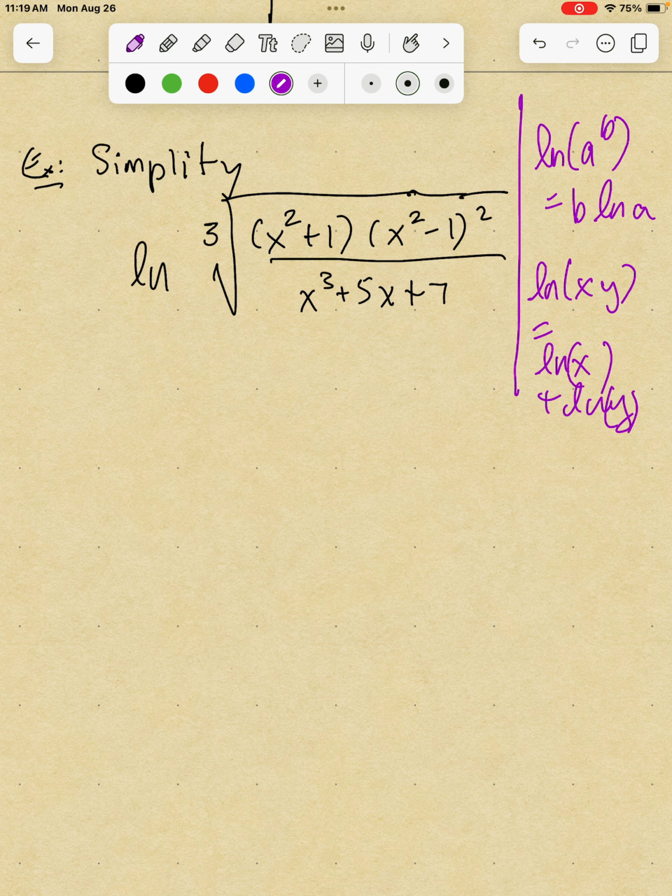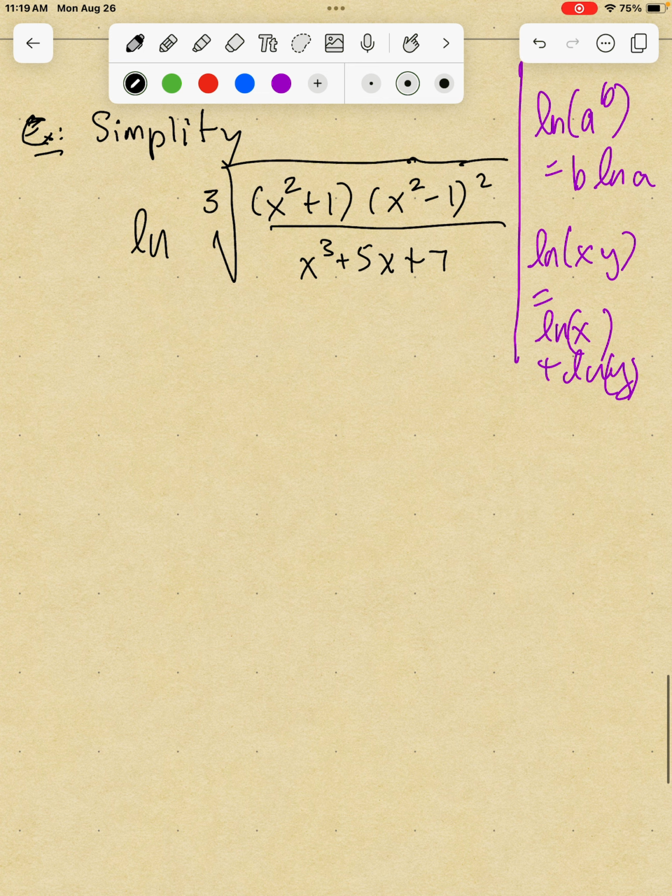You don't run into these issues with the natural log of a negative number. Okay, so we're assuming in this example that none of the terms are going to be negative. This really should be written down, but it's often not.